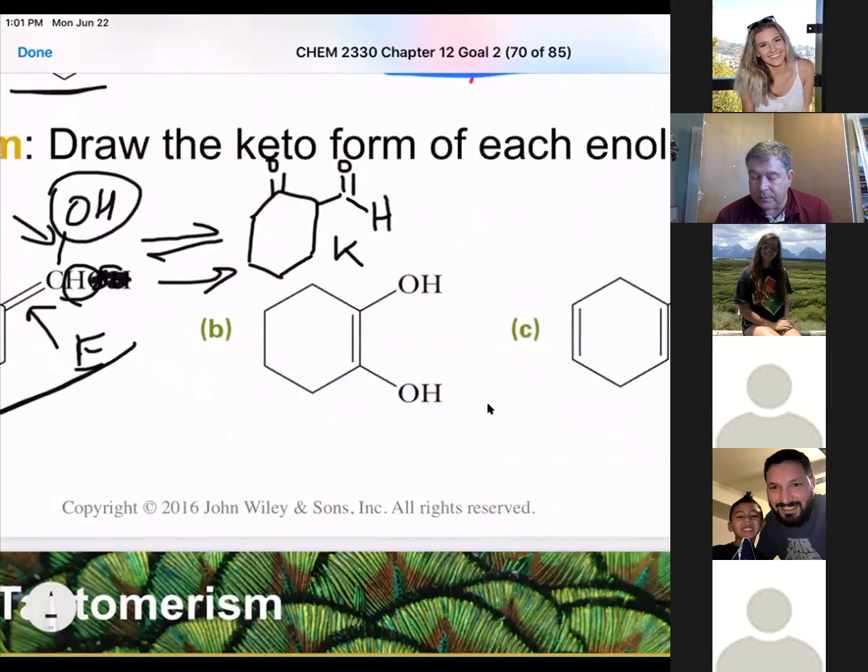Okay, so if we drew one more, oh, this would be an interesting one here. So we can do this also. I'll let you do this one by yourself. Let me do this one here, because this one's kind of interesting. Again, we're not going to break any of these carbon-carbon bonds right here, but we need to move a double bond and we need to move a hydrogen.